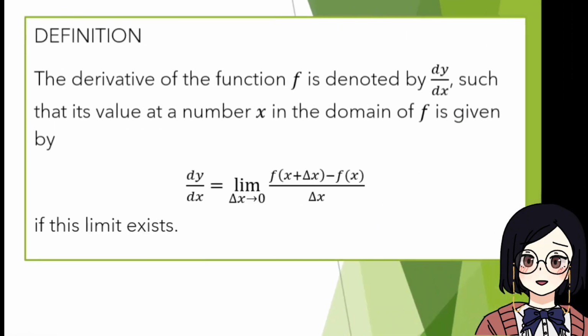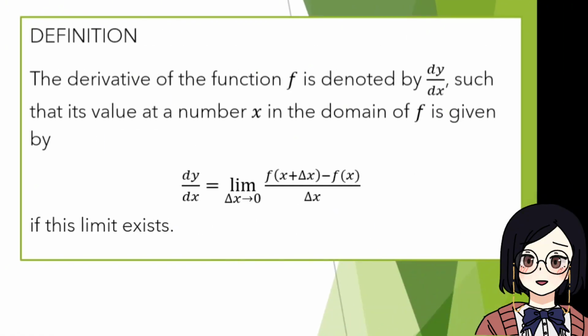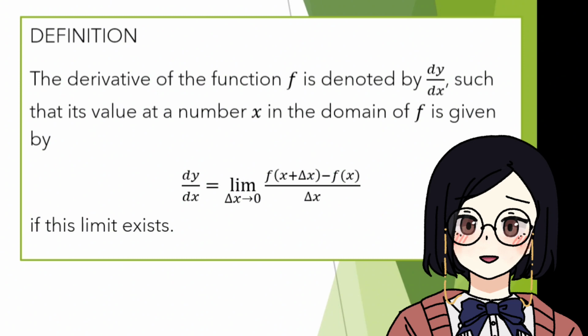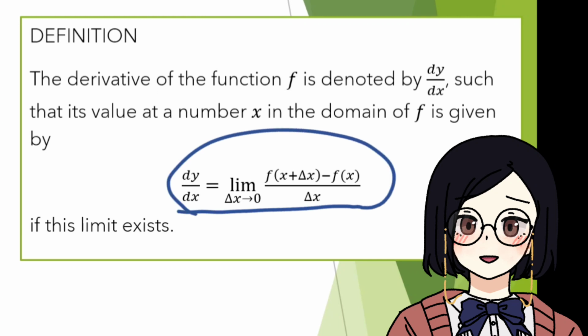Formally, the derivative of the function f is denoted by dy/dx such that its value, at the number x in the domain of f, is given by dy/dx equals the limit of f of x plus delta x minus f of x all over delta x as delta x approaches 0, if this limit exists.